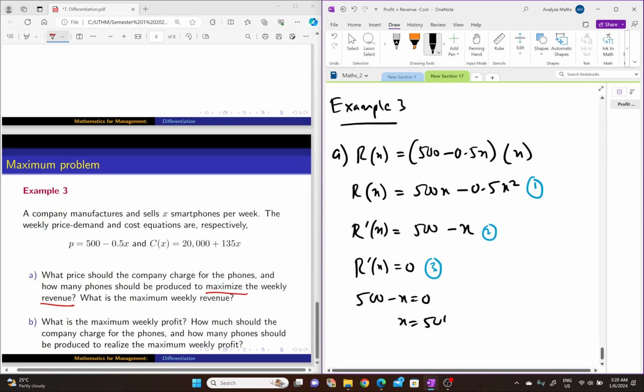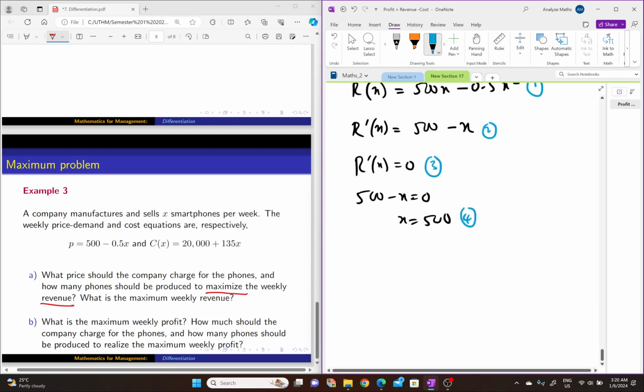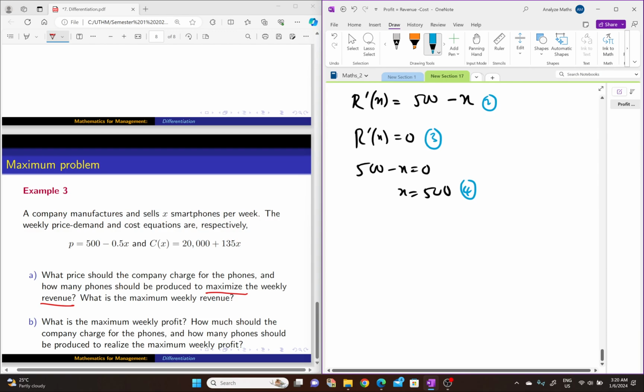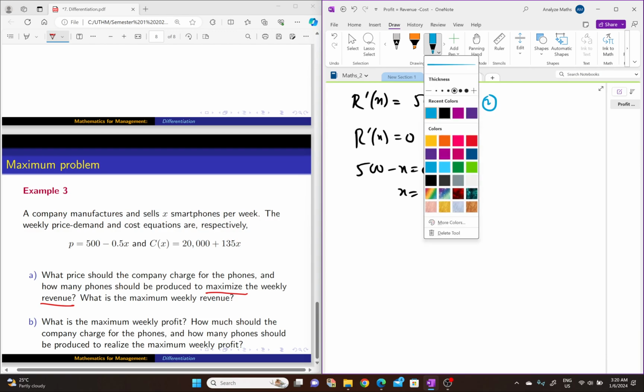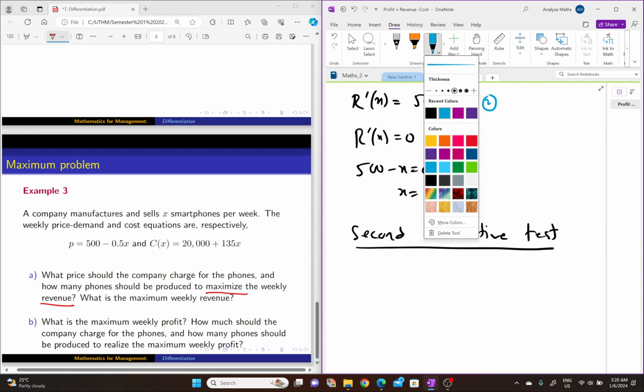So you find the x now. This is the fourth step. But does this x give you a maximum? What you have to do is the second derivative test. That is the fifth one.